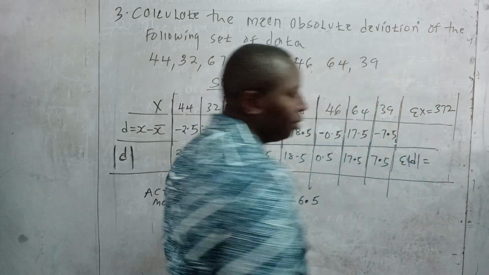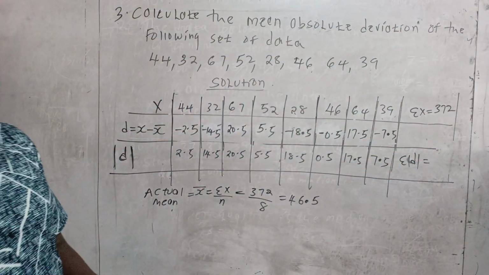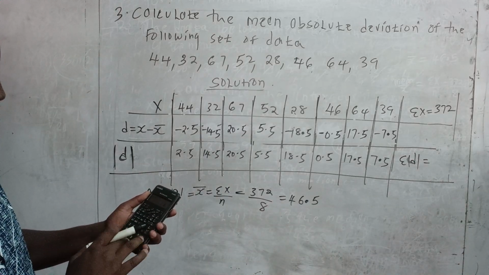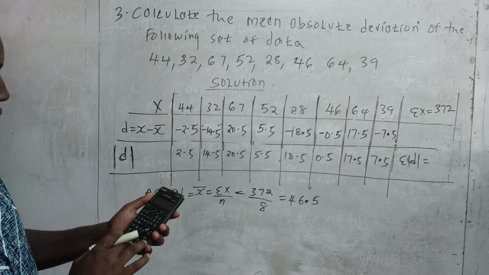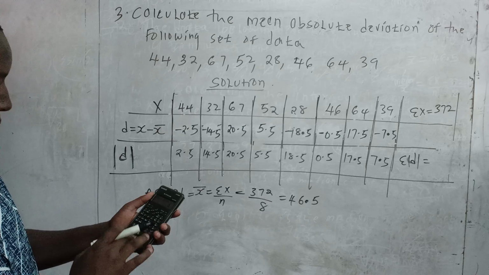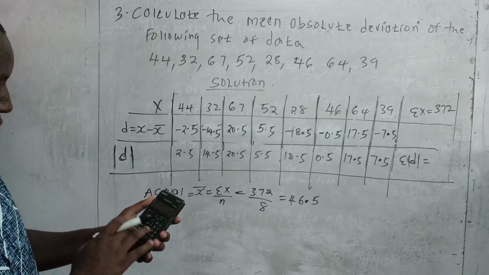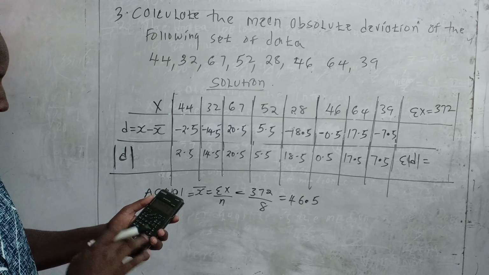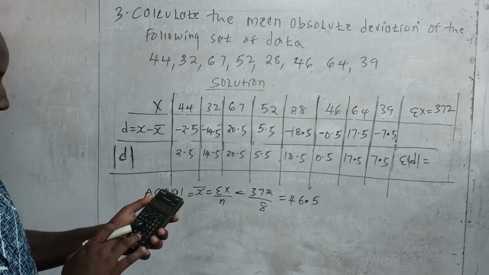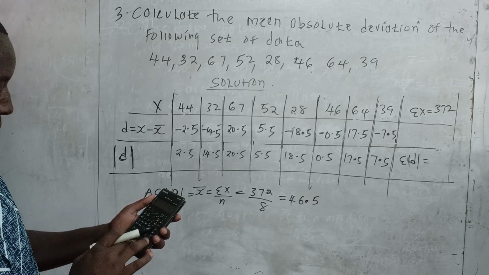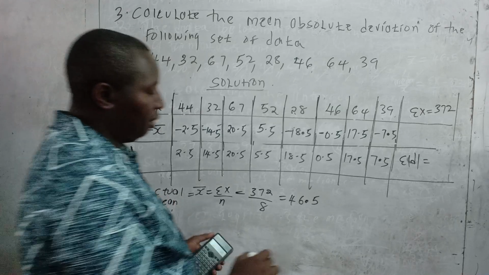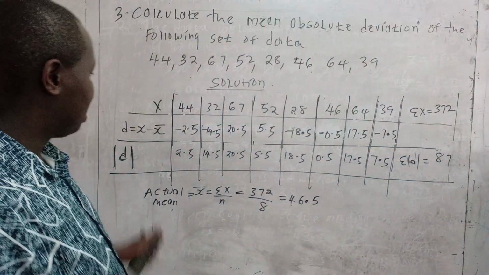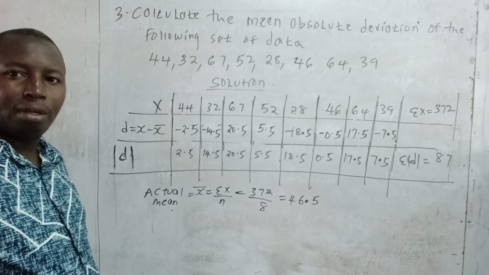You add all of them: 2.5 plus 14.5 plus 20.5 plus 5.5 plus 18.5 plus 0.5 plus 17.5 plus 7.5 equals 87. That is the sum of the absolute deviations.